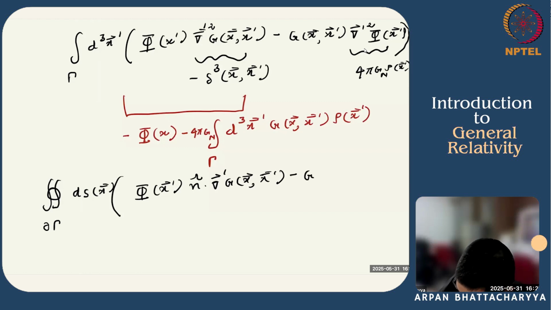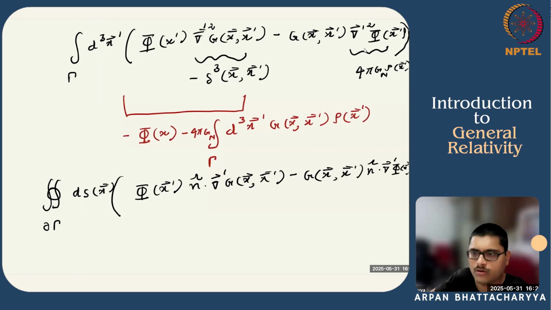Then another term is phi of x prime. And this bracket gives the normal derivative of the scalar potential at the boundary.